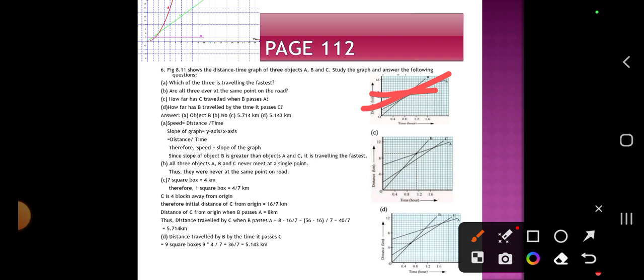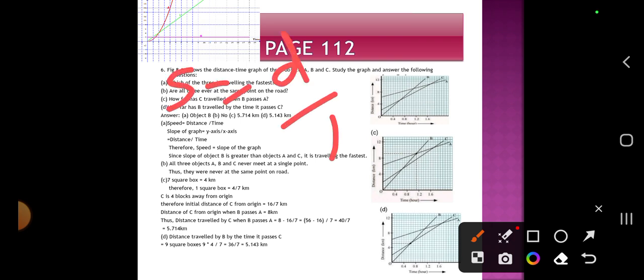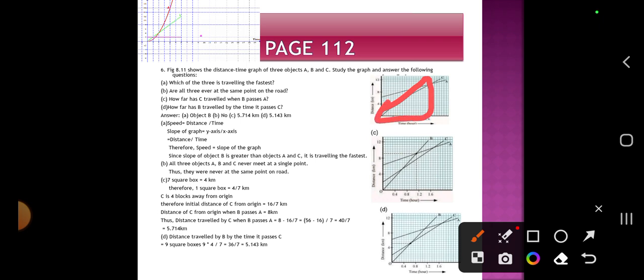And we know that faster means what? That is the speed of the object, distance upon time. Here the speed of the object depends on the slope. The bigger the slope, the faster the object.